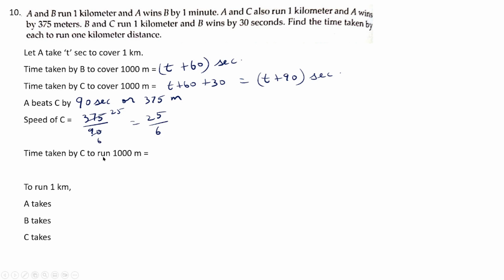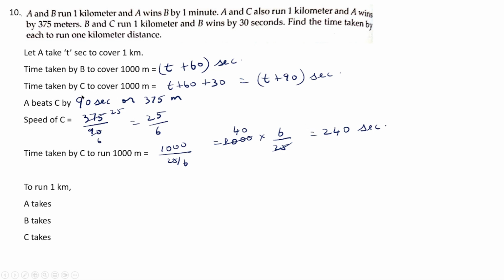Now from this speed, we can find time taken by C to run 1000 meters. So time taken by C to run 1000 meters will be distance by speed. So it is 1000 into 6 by 25. This is 240 seconds.